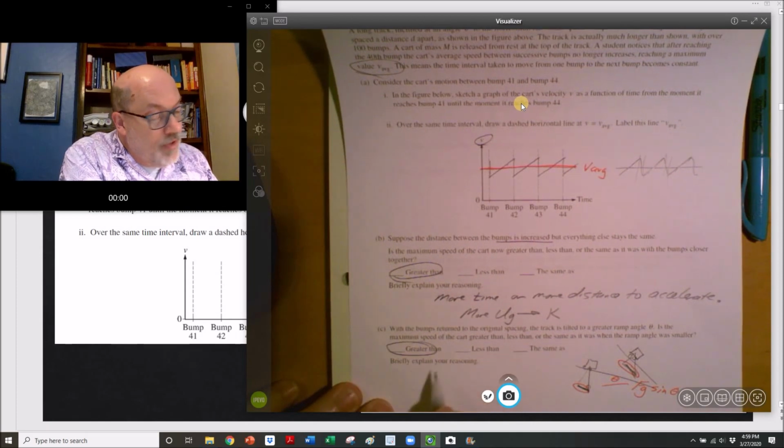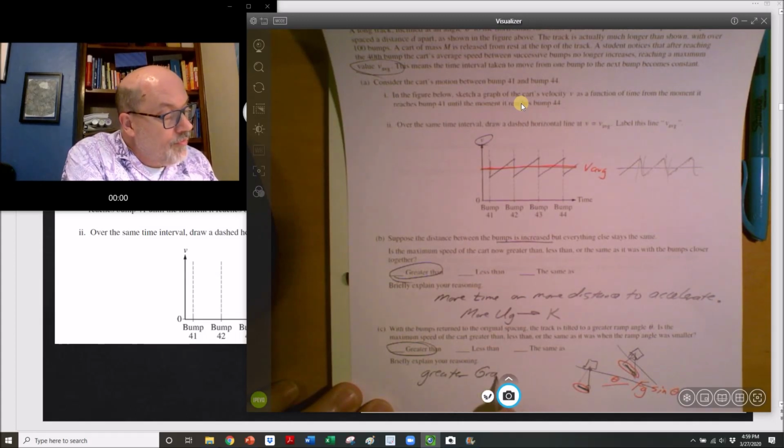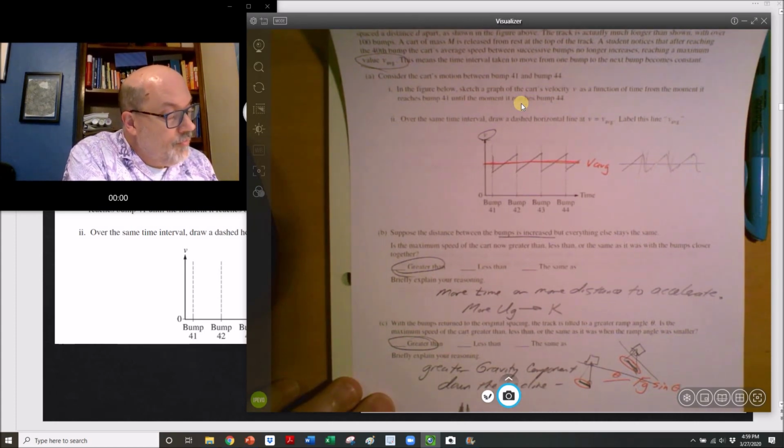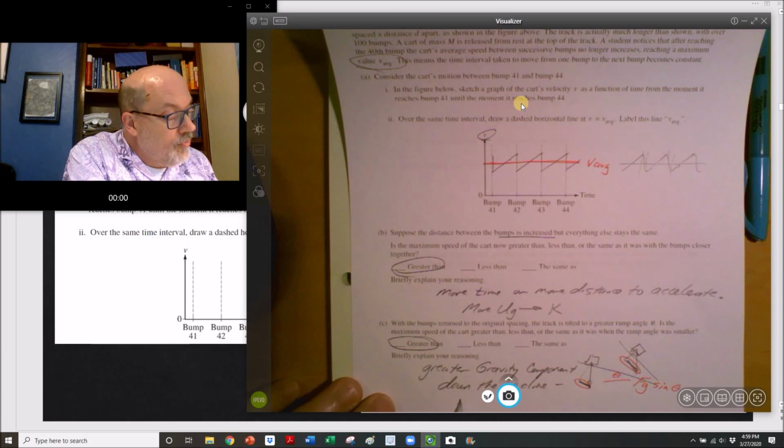So it's going to be greater again. Something to the effect that you have a greater gravity force or gravity component down the incline, so you have a greater acceleration.